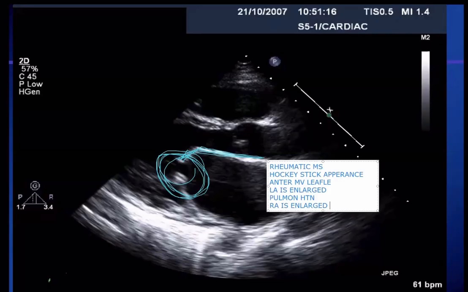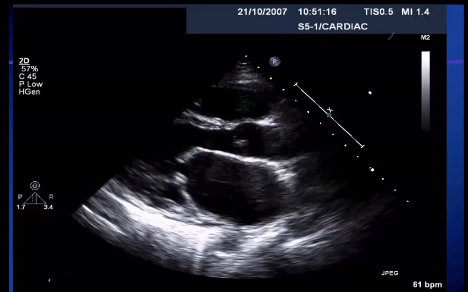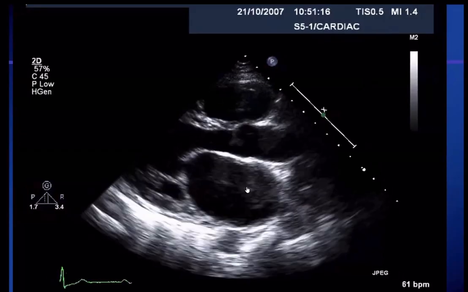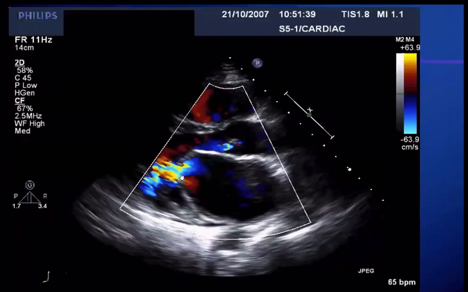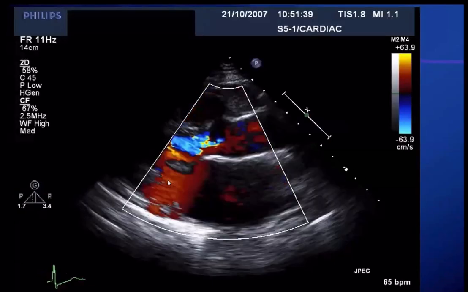Now I am going to clear the mess I caused, and I am going to show you how a typical rheumatic mitral stenosis looks. You can see this is the mosaic color, indicating a severe mitral stenosis causing enlargement of both atria, left atrium and right atrium, as we can see in our ECG.